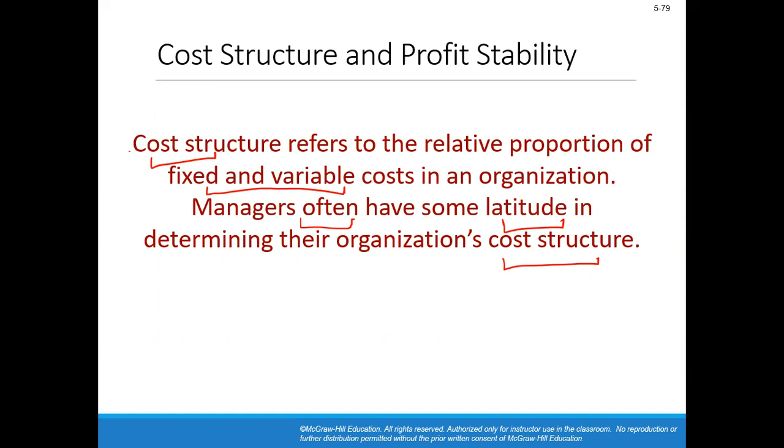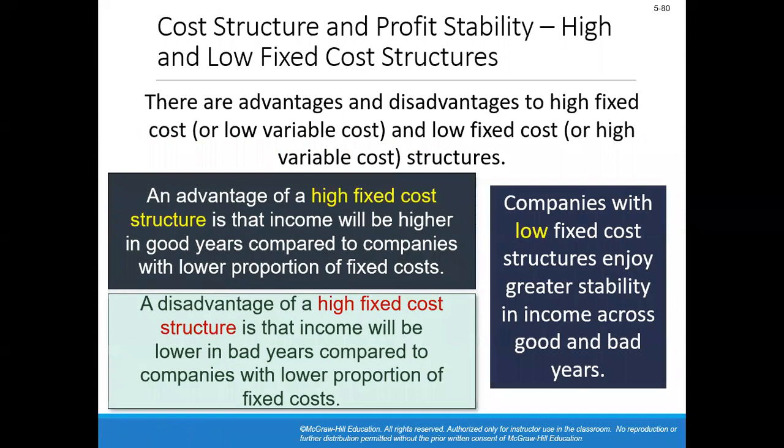Okay. So let's make a summary of what we have learned. When you have a higher fixed cost, it is good in good years compared to those companies who have a lower proportion of fixed cost. Remember, it is good in good years. But when you have a high fixed cost, this is not good when the years are bad.